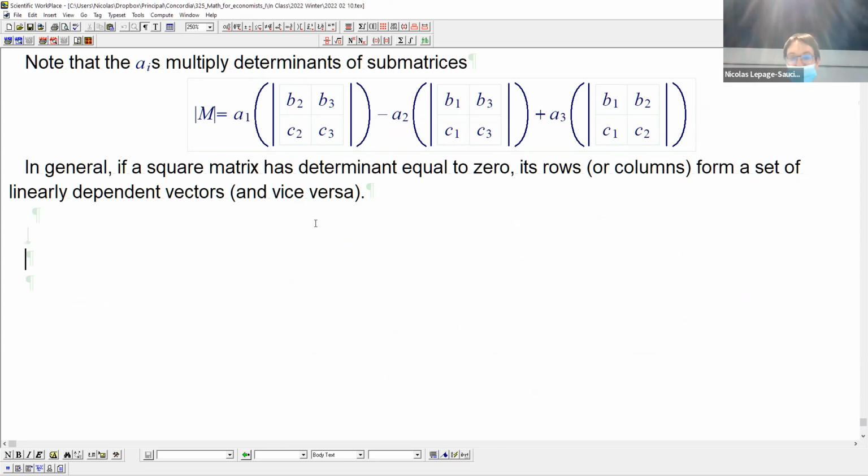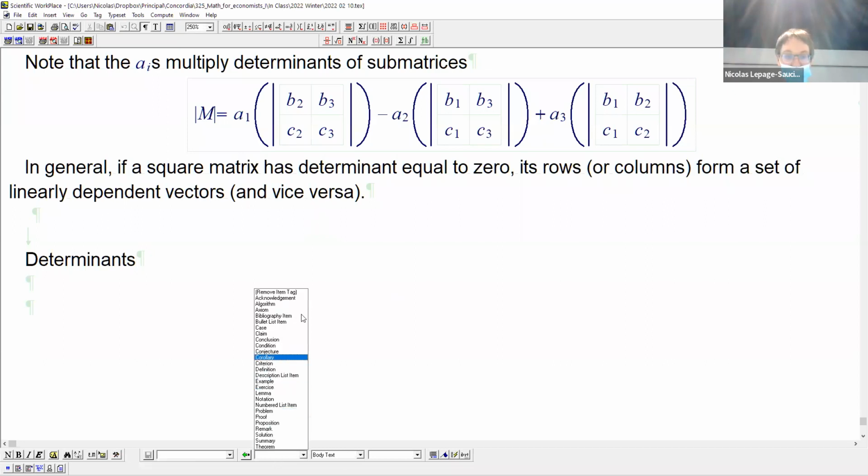All right with this. So now I'm going to continue with some other properties of determinants. I'm just going to say a few things about determinants, and then we can continue later. So let's add some things.